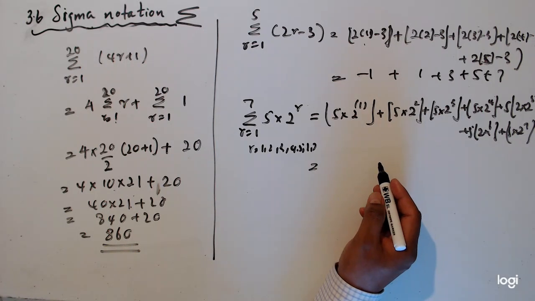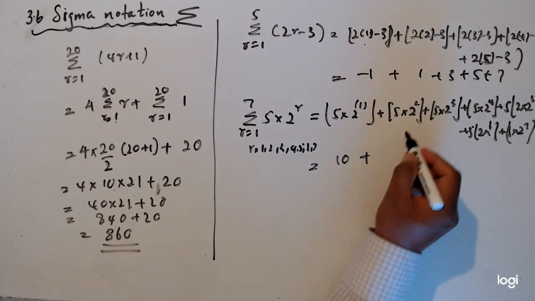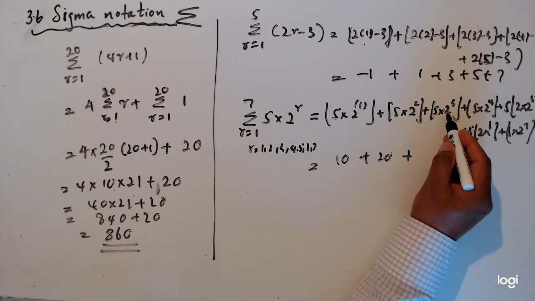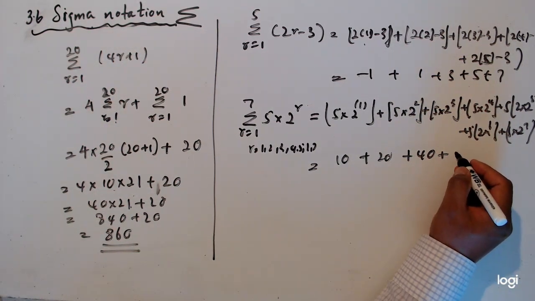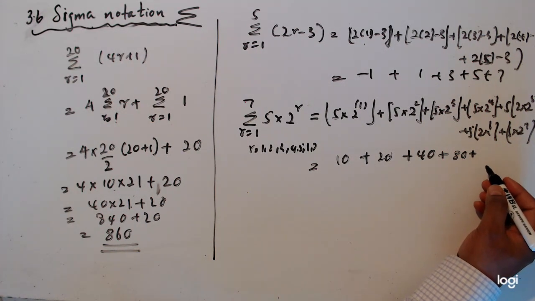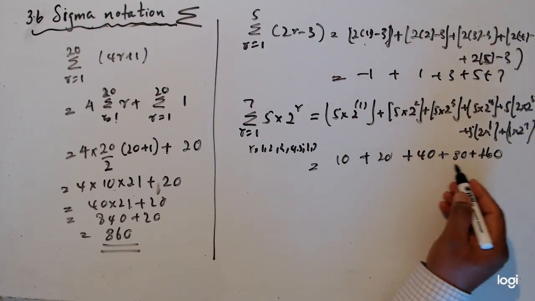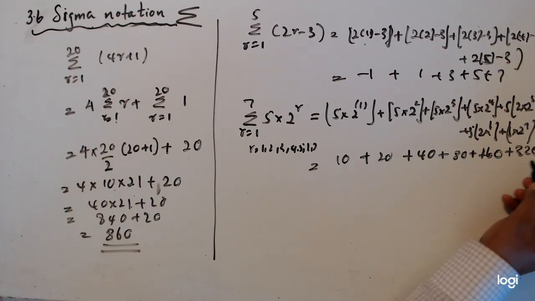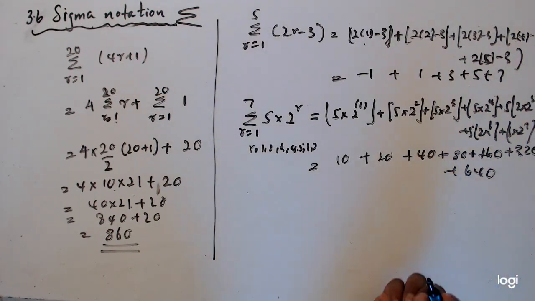Okay, that's fine. We work out 1 to 7, so this is 10, 20, 40, 80, 160, 320, and 640.